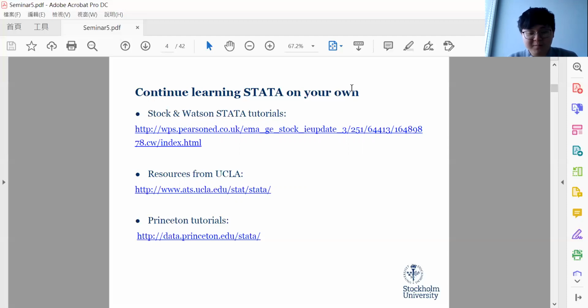Sometimes if you have questions about Stata, I cannot answer right away. These websites are also where I will try to find the answer. So these are three websites that I recommend to you.